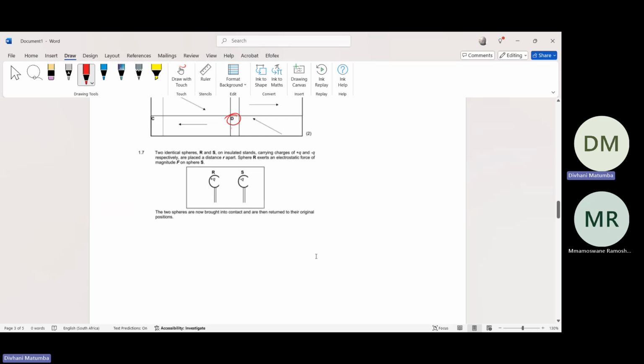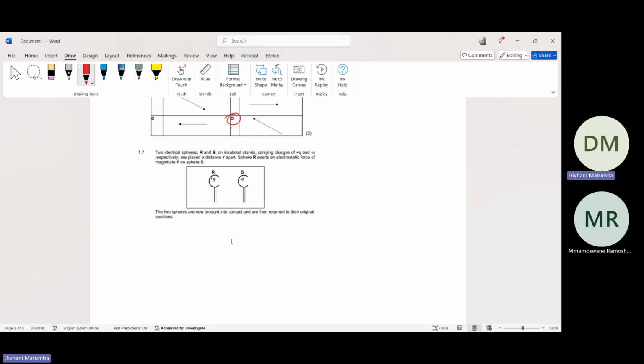No problem. Let's see. Two identical spheres R and S on insulated stands, carrying a charge of plus Q and minus Q respectively, are placed a distance R apart.